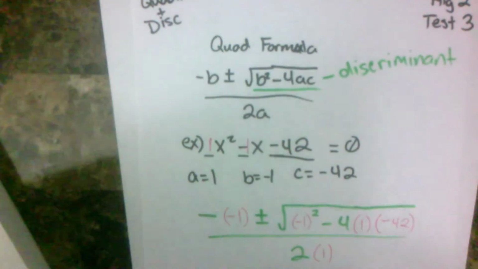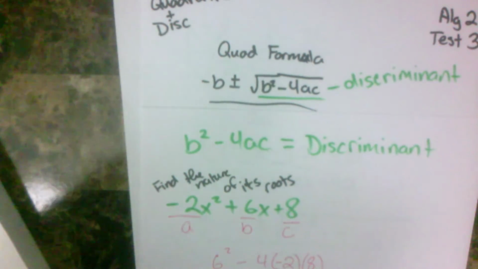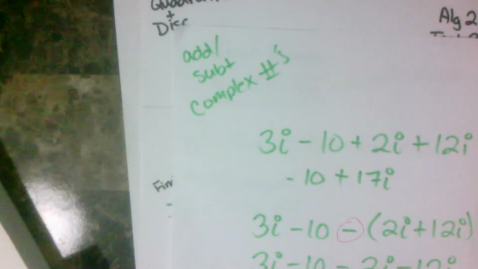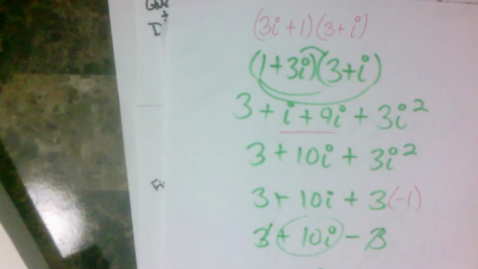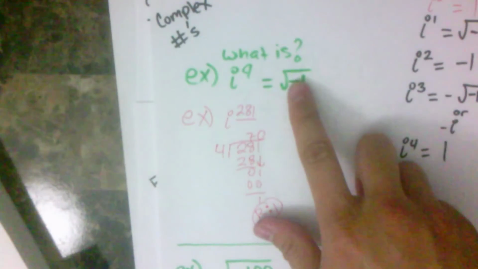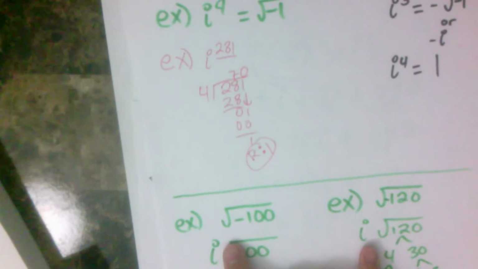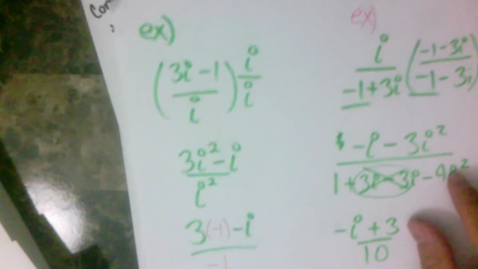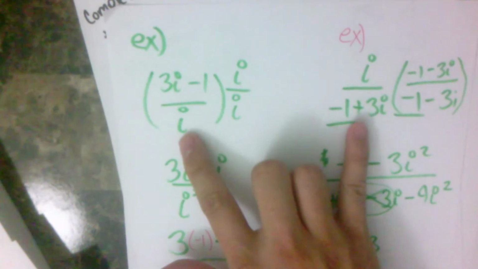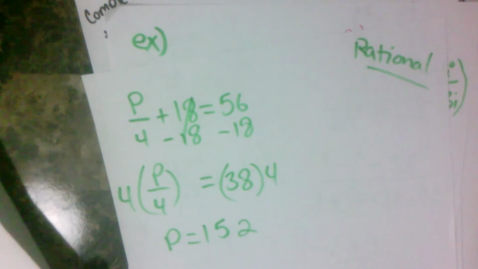You also had adding and subtracting complex numbers, FOIL of complex numbers, then simplifying complex numbers and simplifying their radicals. And you'll see simplifying complex numbers with i in the denominator. And then rational equations. Those are your topics for the test.